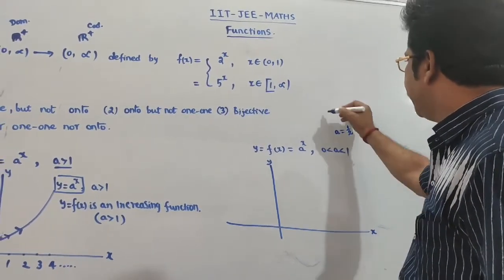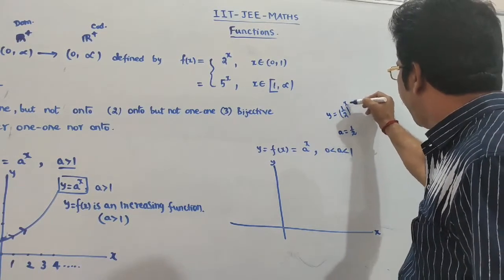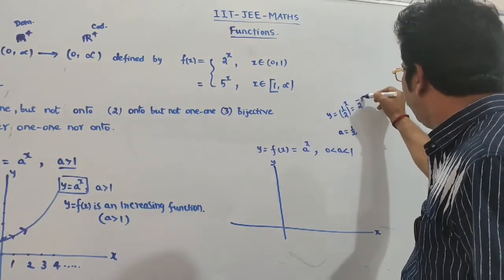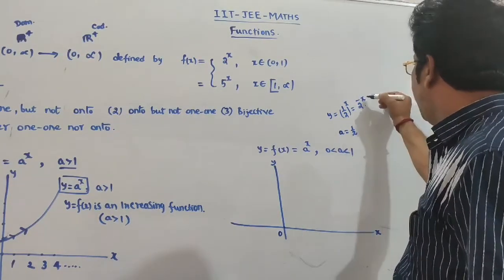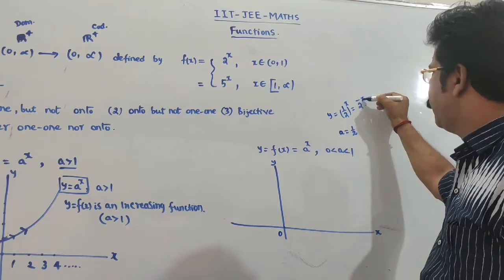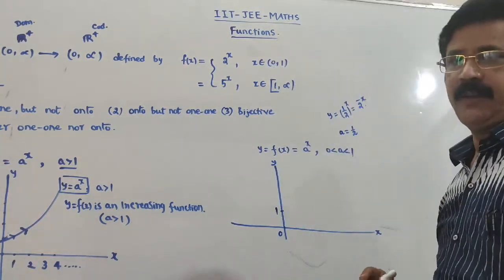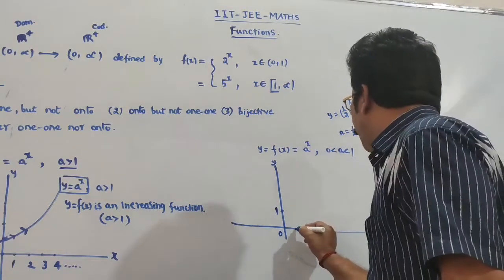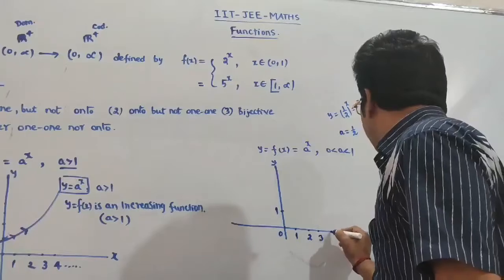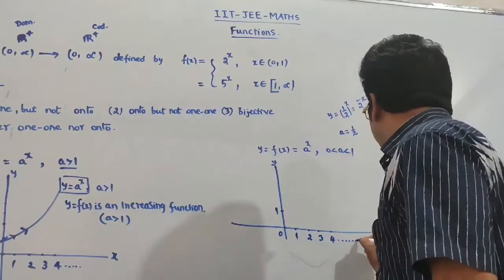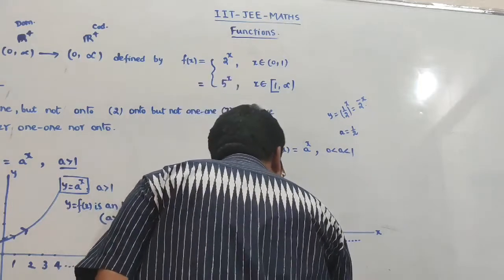Then y becomes 1 by 2 whole power x, which is 2 power minus x. When x equal to 0, 2 power minus 0 is 2 power 0, which equals 1. So of course this is the y value 1. Next x value 1, x value 2, 3, 4 and so on. This is y dash.